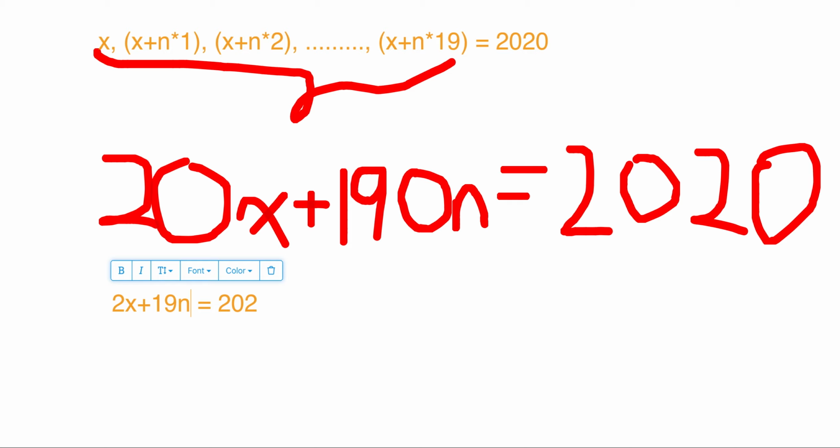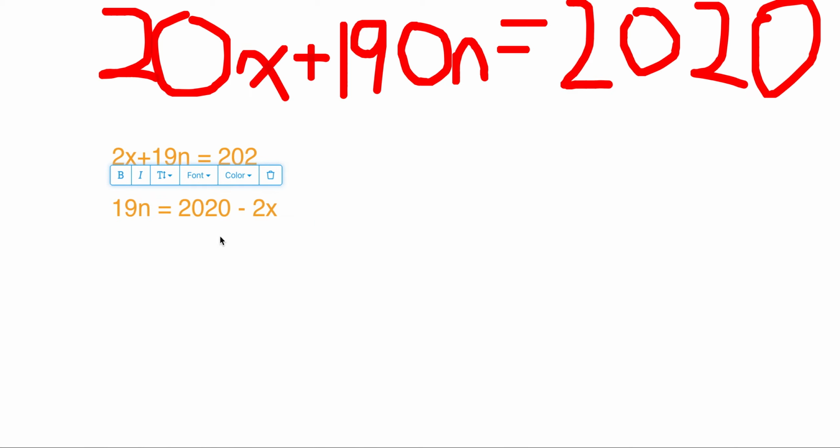Now, if you think about it, n is just an increment. You cannot increment by technically infinity. So n would be easier to guess than x. So let's put x on the other side and isolate n. Now you can see that 19n is on one side.